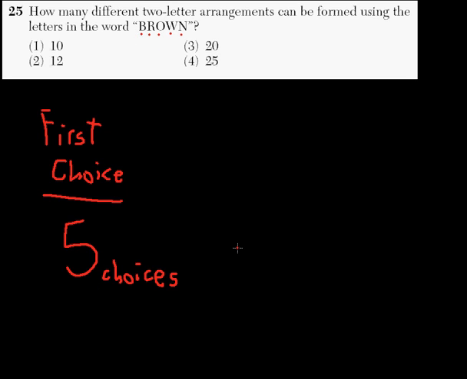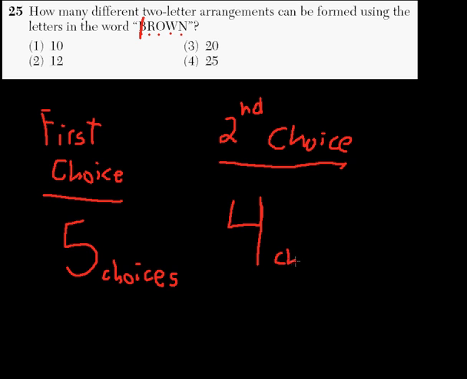So I pick one. Now, after I pick one, say I pick the letter B, I only have 4 choices left. So for my second choice, I have only 4 letters left. Well, 5 times 4, I have 5 choices, and then after that I have 4 choices.